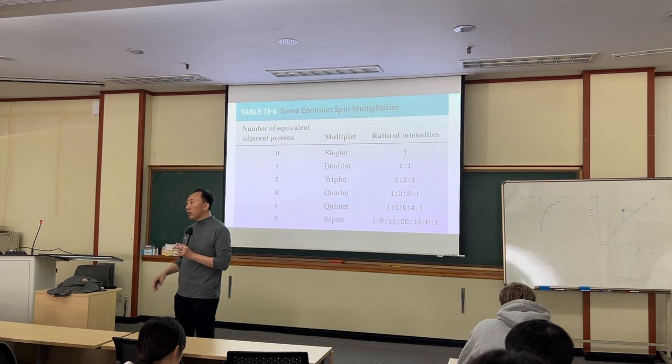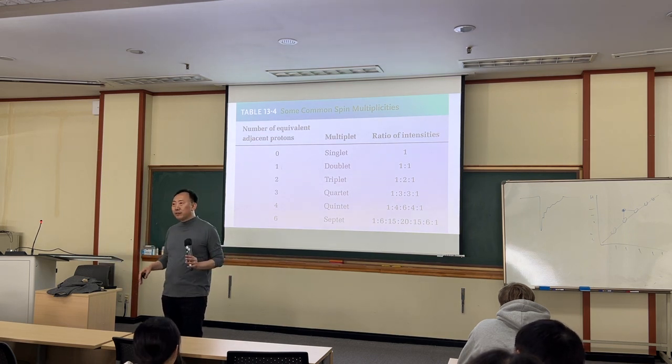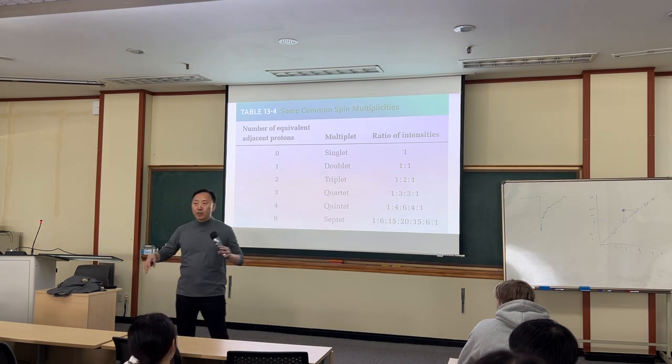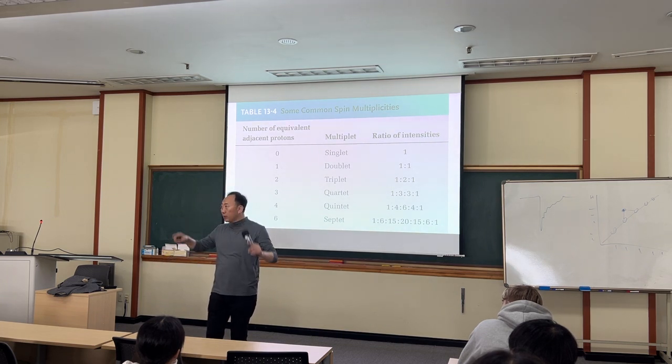Is there any option that you can have the equivalent of 5? 3 here, 2 here, that's not equivalent to 5. Okay. If you have 1 here, 1 here, if they are not identical, then you will get a double of doublets.